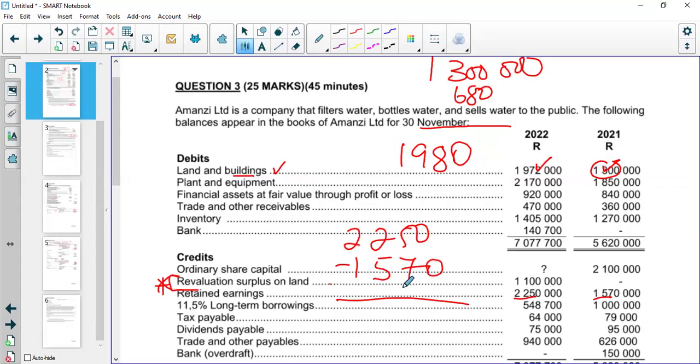Right, we have 2,250 and we subtract 1,570. So that's an increase of 2,250 less 1,570. Yeah, that's 680. And if you add 680 plus 1,300 just to cross check, then it gives us 1,980.